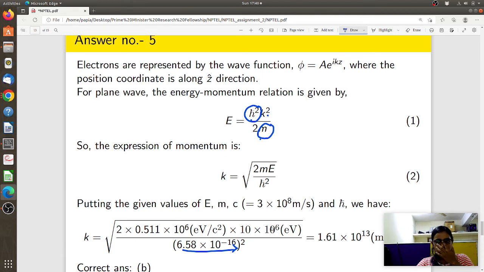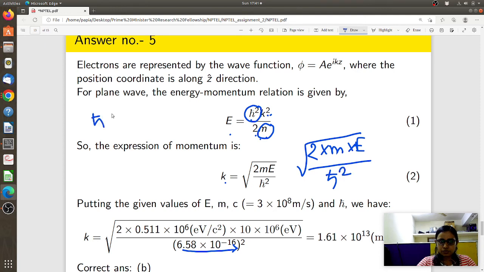So putting all the values here, h bar square k square by 2m and E, the expression for momentum will be k, which is nothing but root over 2 into m into E divided by h bar square, and h bar is, as I already told you, h by 2 pi. Just putting all the values here, we can have the value of k.